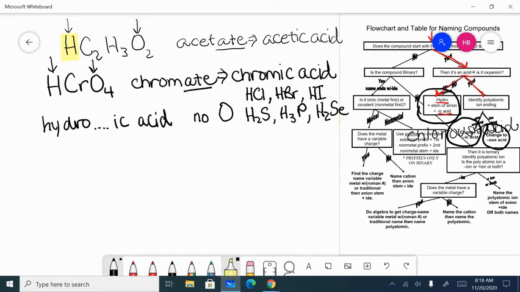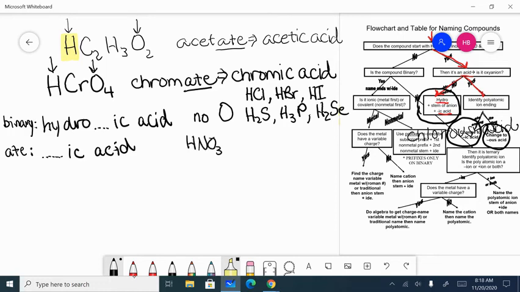Then we have ATE polyatomic ions end in IC acid. These do have oxygen in them. They don't use the word hydro. So that's any of the polyatomic ions that end in ATE, such as nitrate.